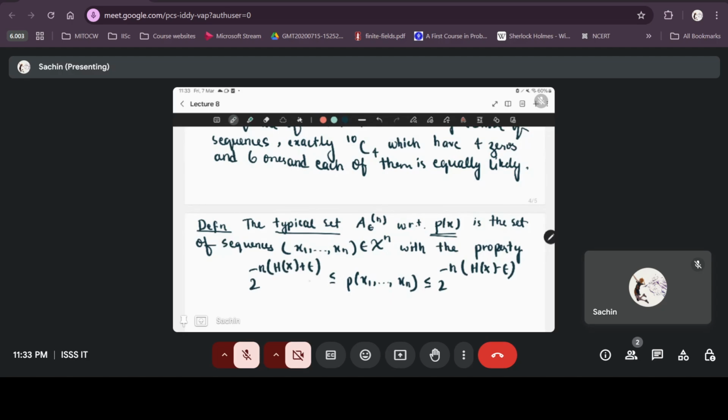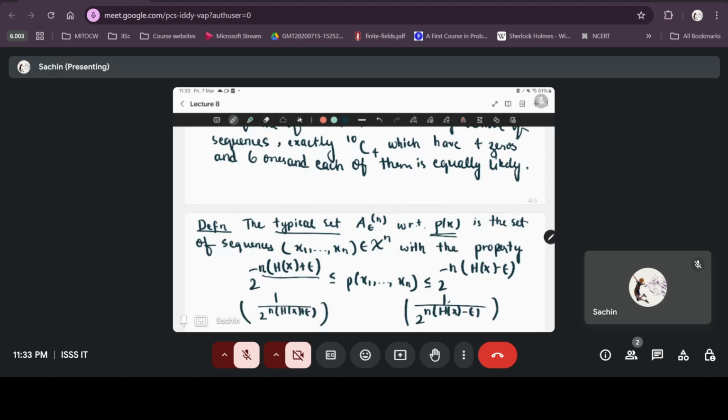So this is a bigger number, n into h of x plus epsilon. So 2 power minus a bigger number is 1 over 2 power a larger number. So if you write this as 1 over 2 power n into h of x plus epsilon, it will be more convenient to remember. 1 over 2 power n of h of x minus epsilon.